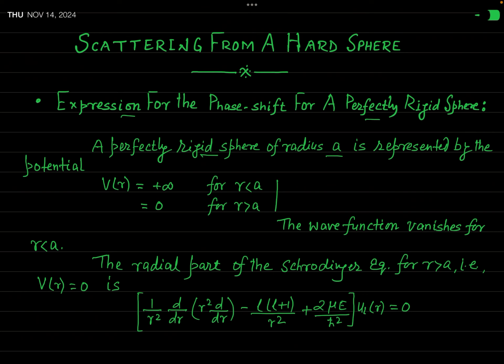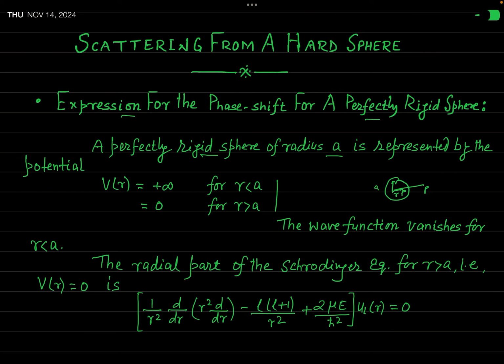If r is the distance of the test point, or you can say point of observation from the center of the sphere, and there may be two situations. First one will be if this is your sphere, its radius is a, and there is the observation point P here at a distance r, or it may be here which is outside of this sphere. So there will be actually two situations.